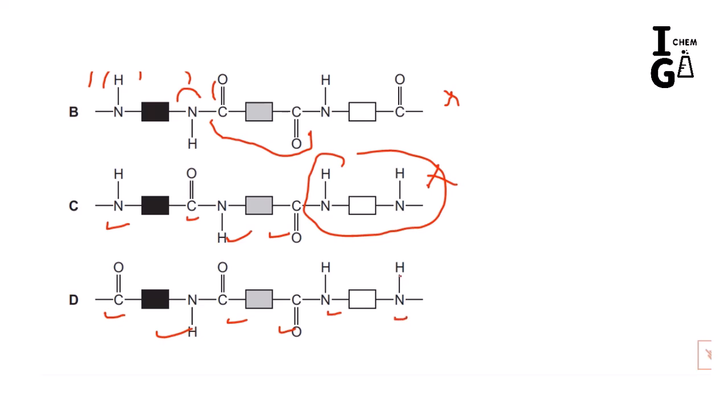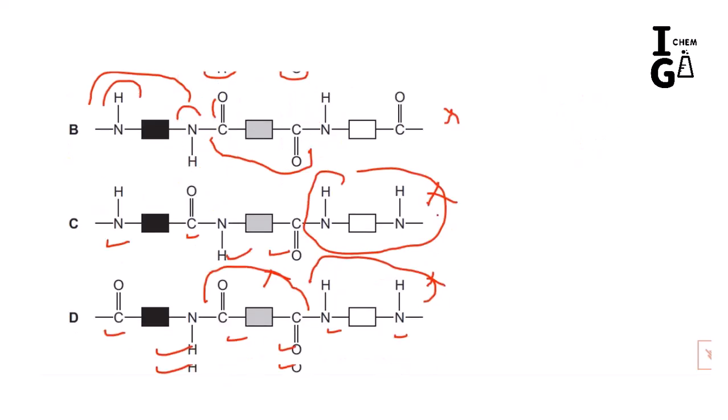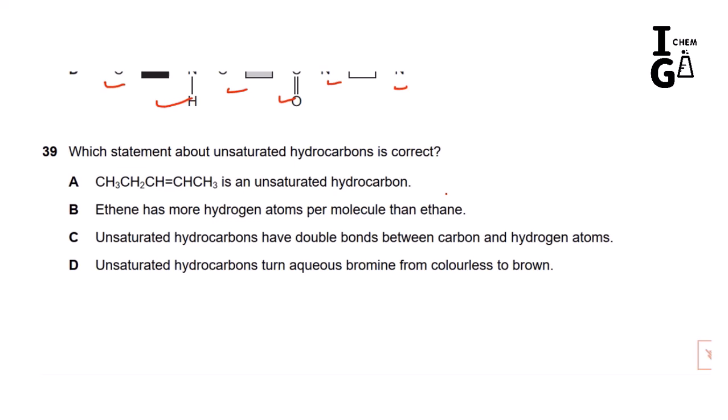So also here we have a problem, because this is a diamine and this is a dicarboxylic acid. So the first one is the correct answer, because every monomer is composed of one amine terminal and one carboxylic group terminal.